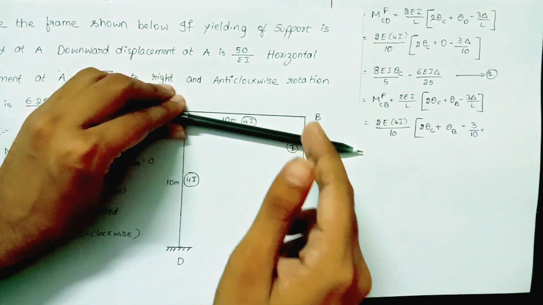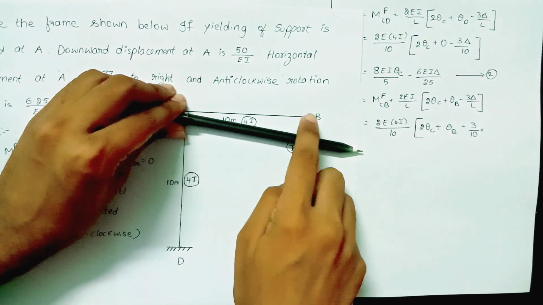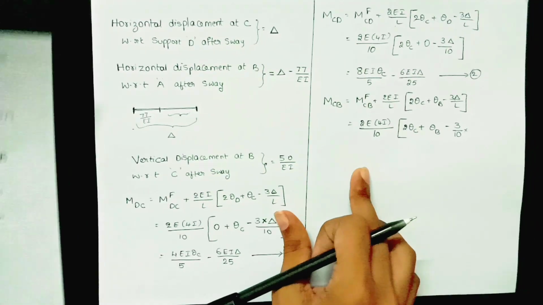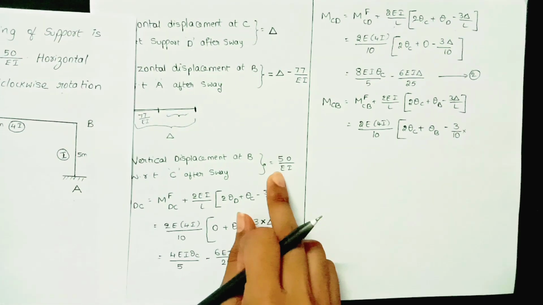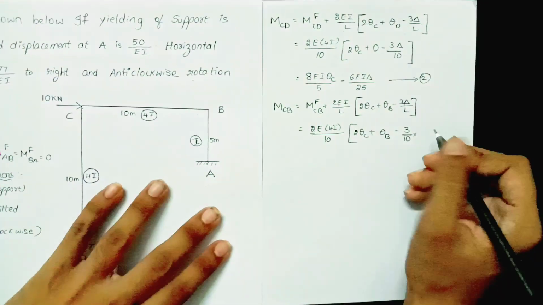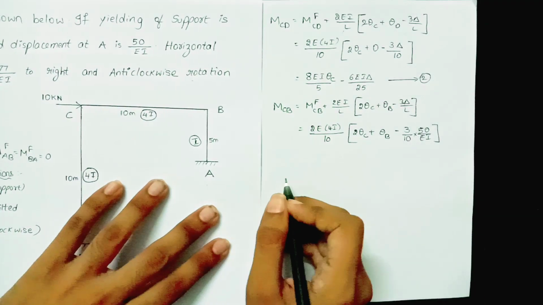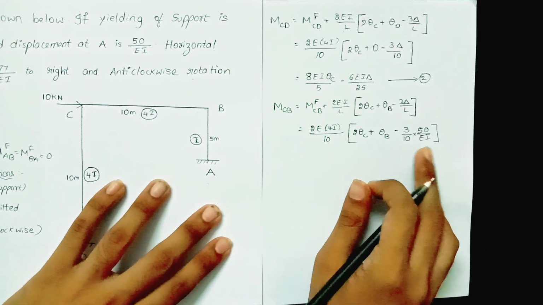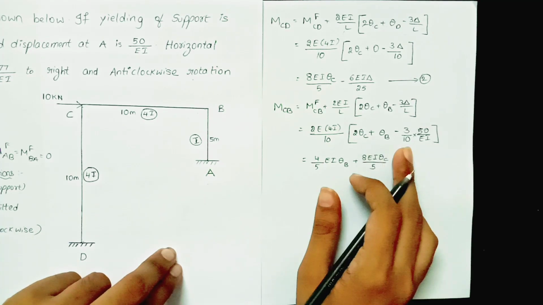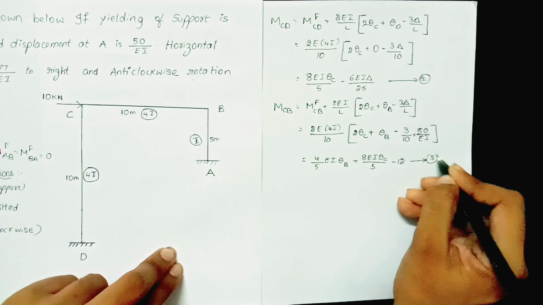That means in vertical direction, not horizontal. Now we have to place this amount as delta. So the vertical displacement we have already written here as 50 by EI and the same is substituted here, 50 by EI. So this is the process of substituting the delta value. After simplifying this equation, I have obtained this equation. I am taking it as the third equation.